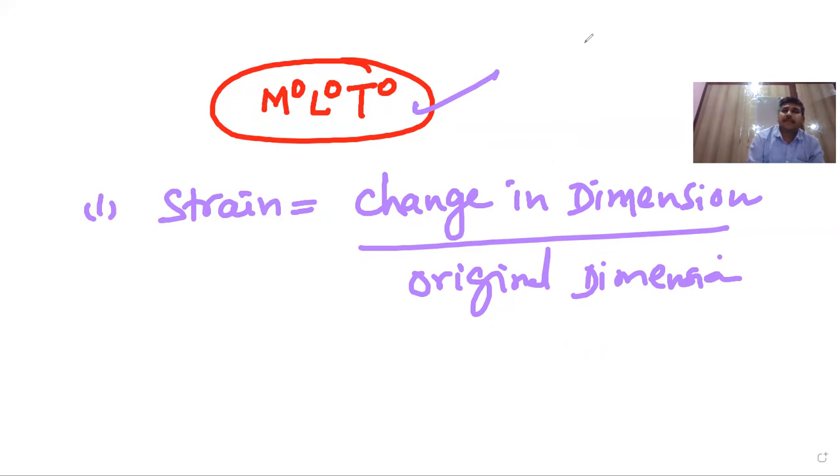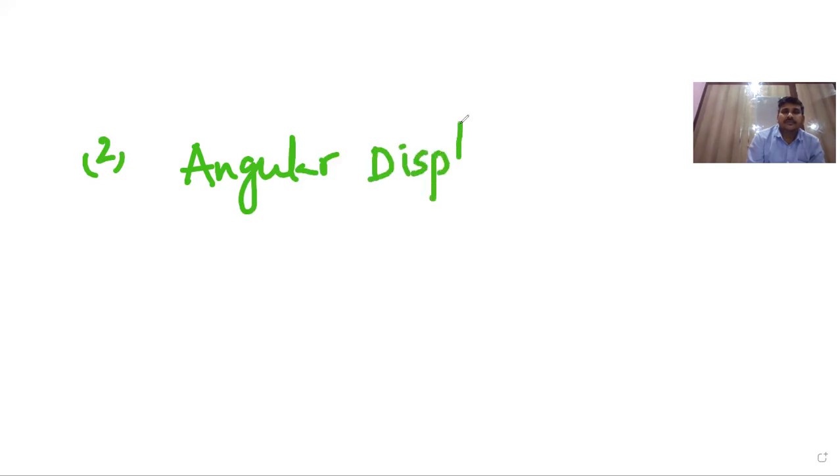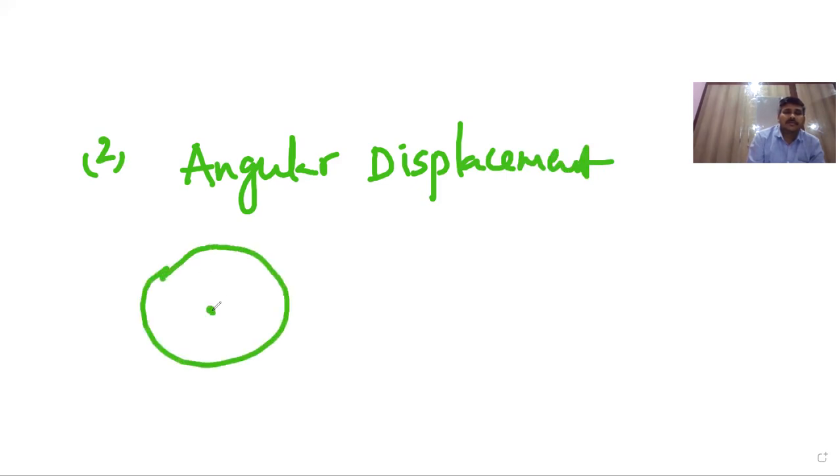Okay. The second one here is angular displacement. Observe, this is a circle. This is the center. Suppose a body is moving from OA to OB. This is the periphery.